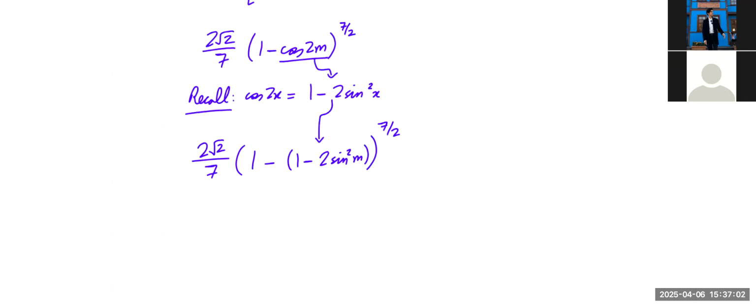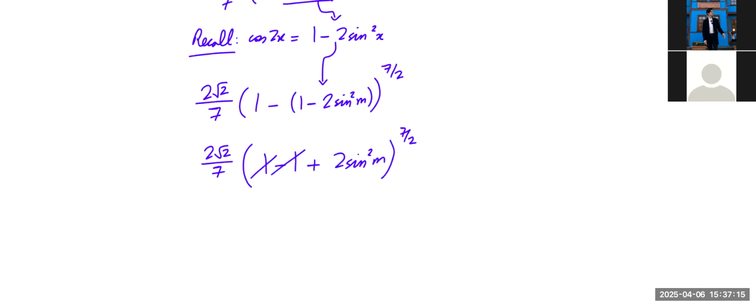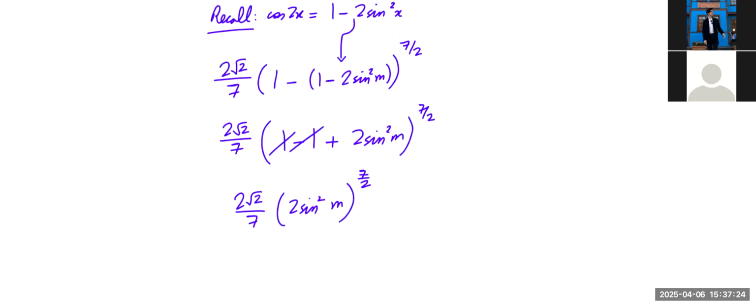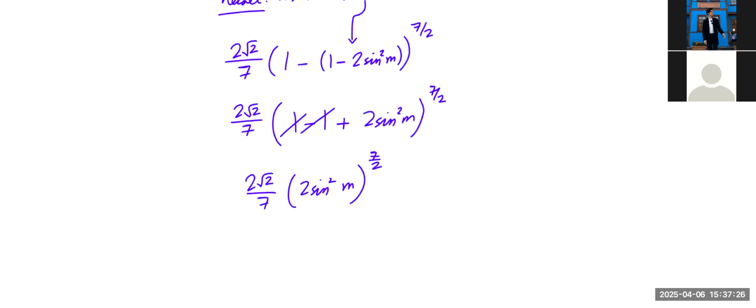Now I have 2 root 2 over 7, 1 minus 1 plus 2 sine squared m to the power of 7 over 2. And the ones cancel out, and we have this. One more thing: you have sine squared inside and 1 over 2 outside, right?